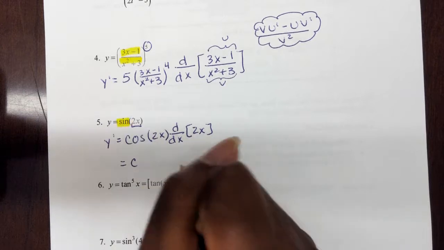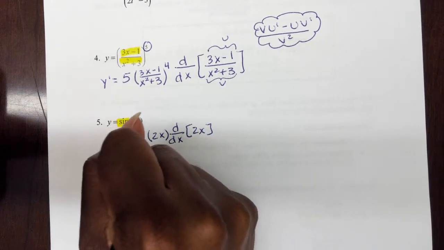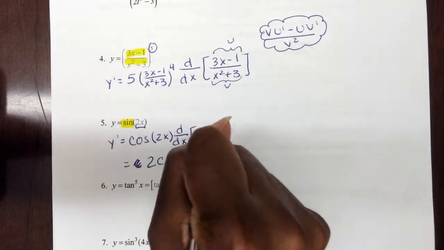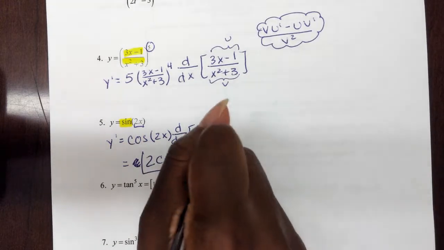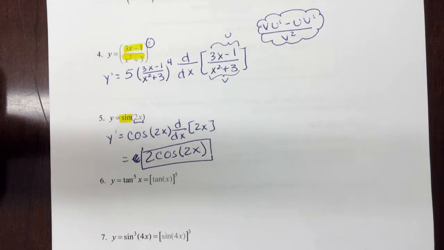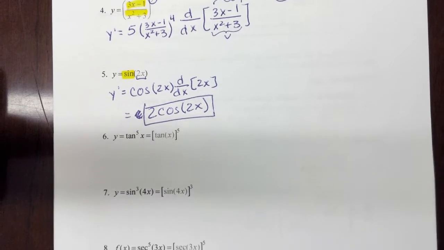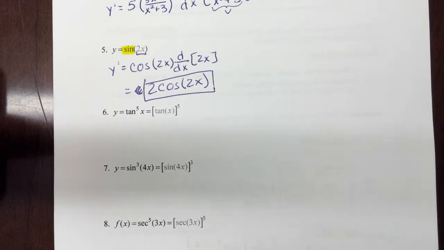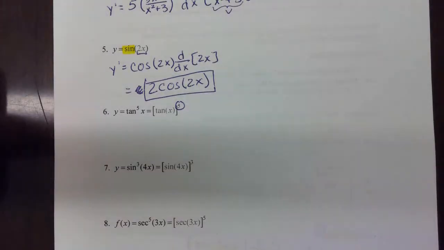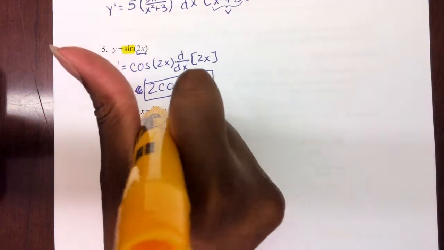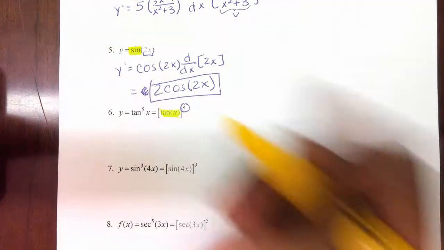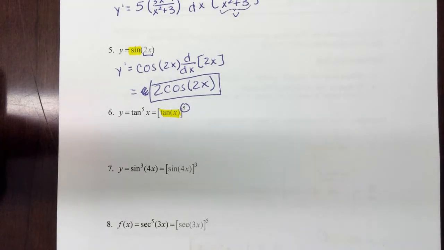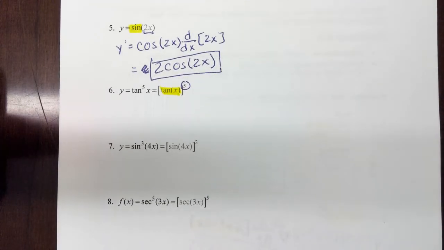So we have 2 times cosine 2x. Okay, for number 6, our mama function is 5. Our baby function is tangent of x. So you can use that to help you do number 6.